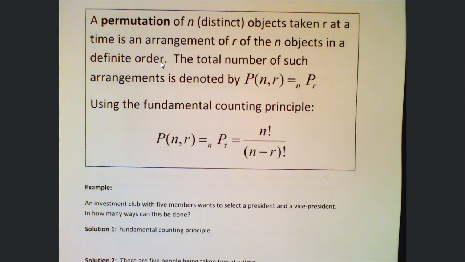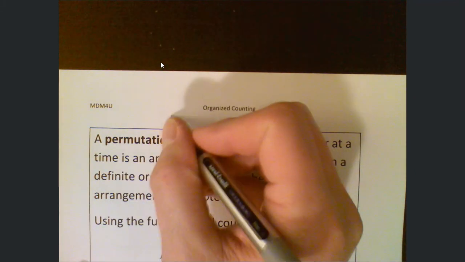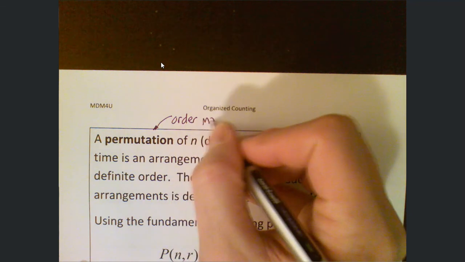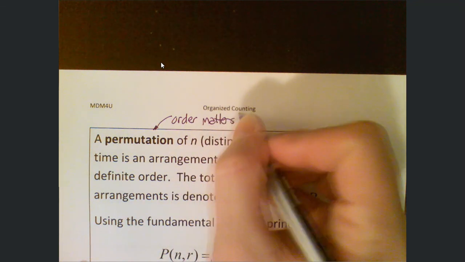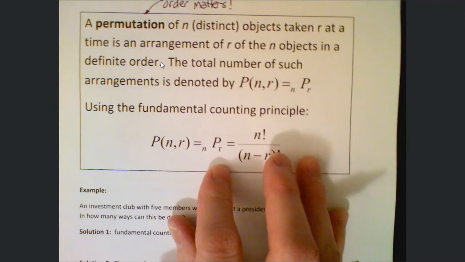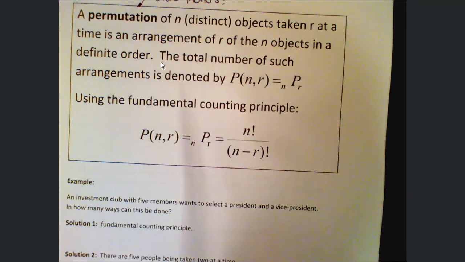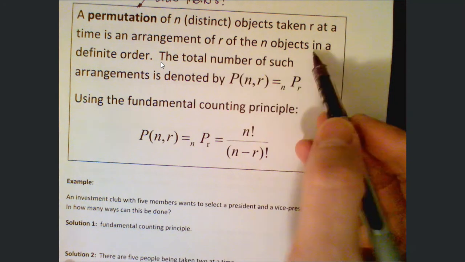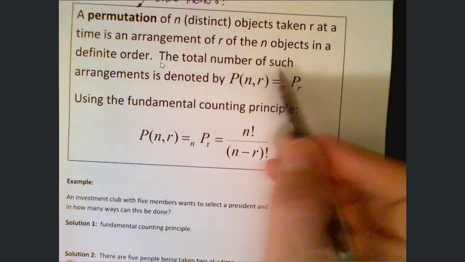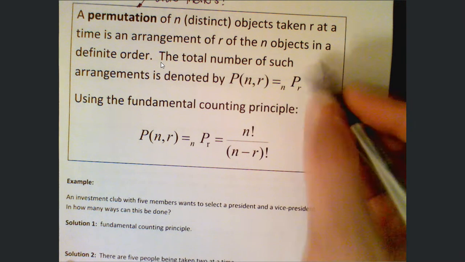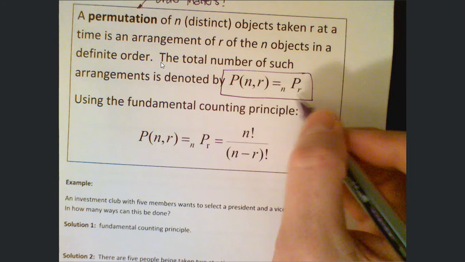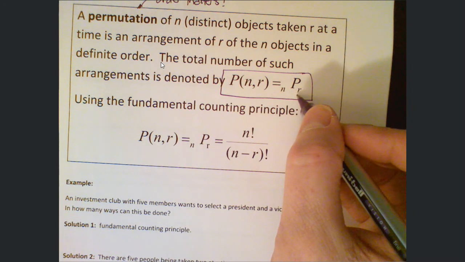And so where the order matters. It's super important that you at this point realize that for a permutation, order matters. Okay, so a permutation of n distinct objects taken r at a time is an arrangement of r of the n objects in a definite order. The total number of such arrangements is denoted as P(n, r), nPr, like so.